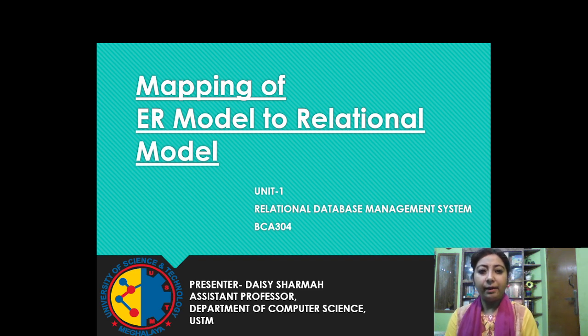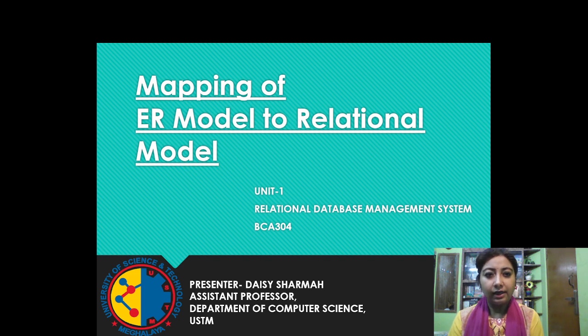Now, this mapping of ER model to relational model is a very important topic to discuss in the field of relational database management system.